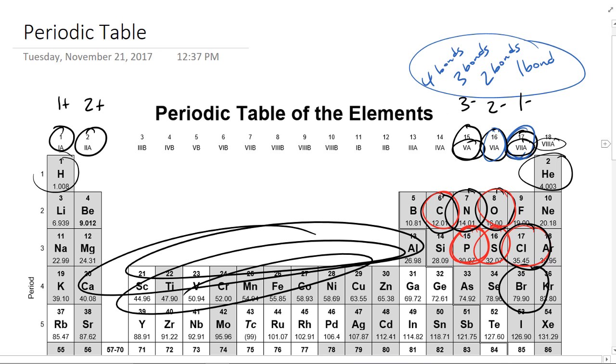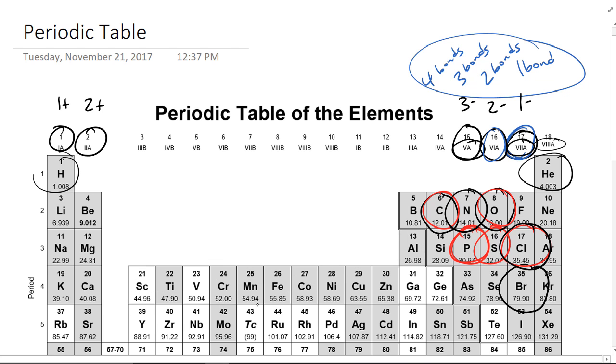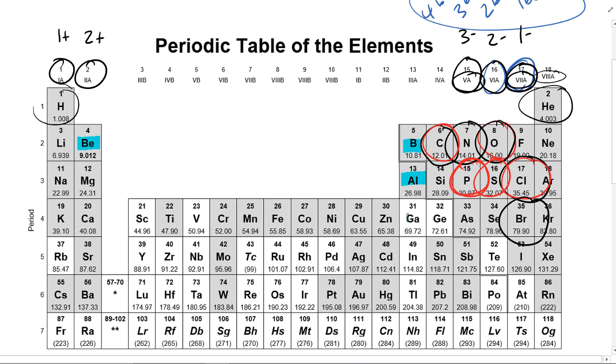If we look at where they are located in the periodic table, these right over here, we have beryllium, boron, aluminum, gallium, germanium, indium, and tin. So these here are ones that can form less than a stable octet.